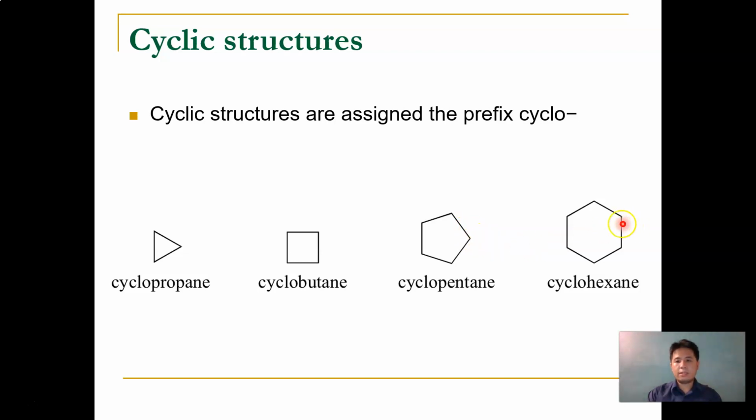And this one is a hexagon. So a hexagon is very, very close to 109. So this is the most stable, followed by this one. So cyclopentane and cyclohexane are quite common. Cyclobutane and cyclopropane are not very common because they are very far from the ideal bond angle of carbon.